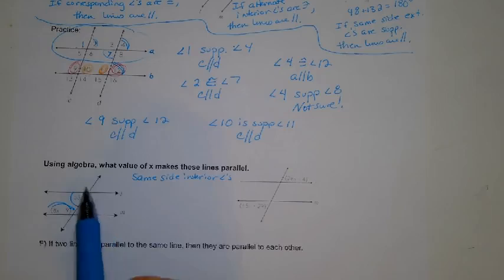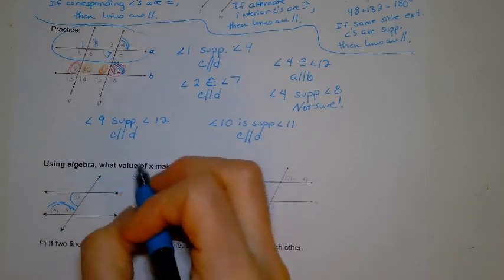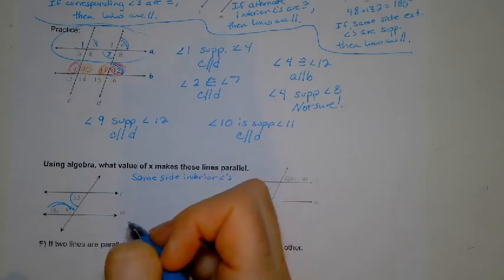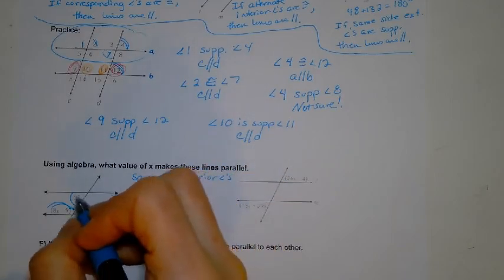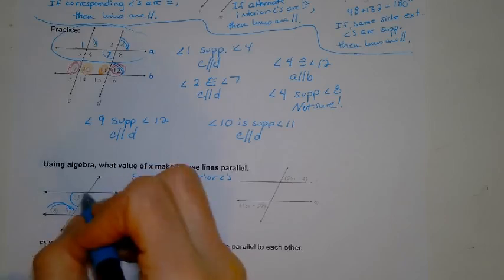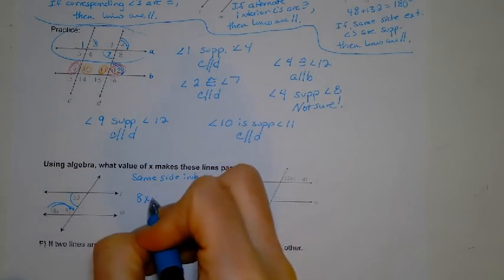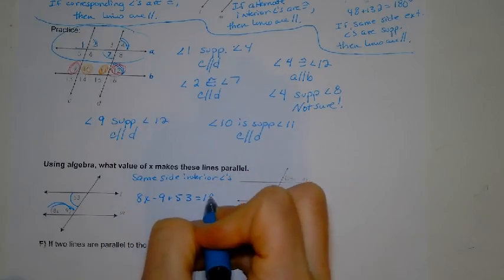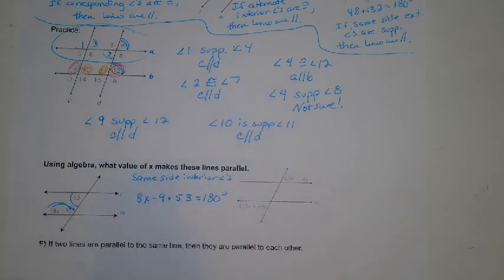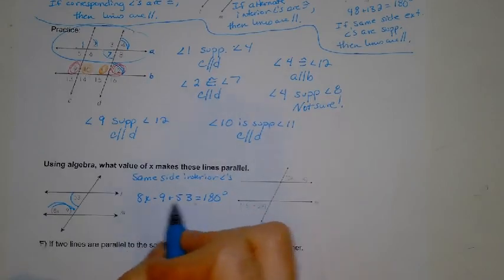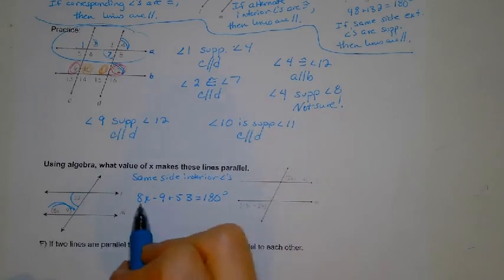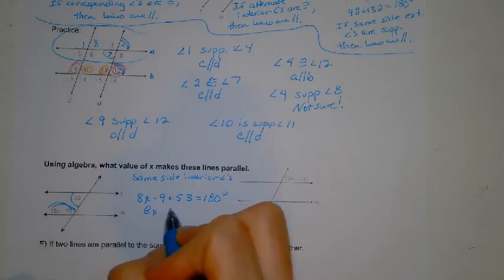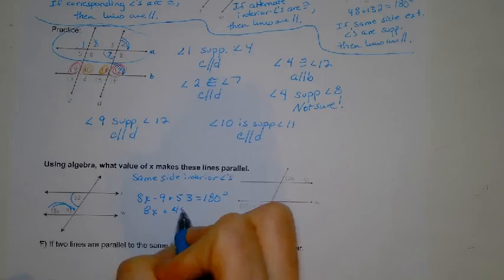So I'm going to add these up and solve for x to see what value would make these supplementary. 8x minus 9 plus 53 equals 180. What value for x is going to make those supplementary? Well, let's solve for x. 8x plus 44, bringing those together, equals 180.